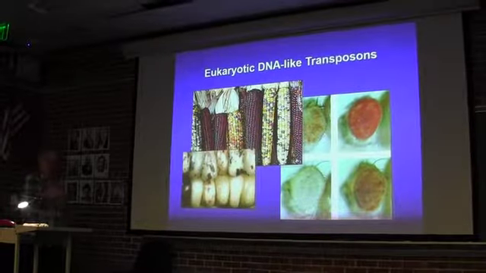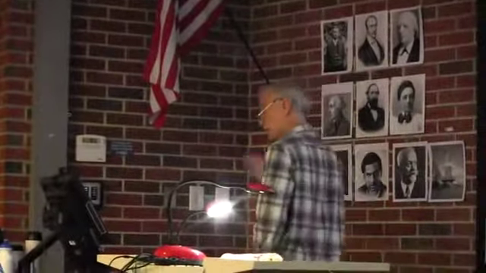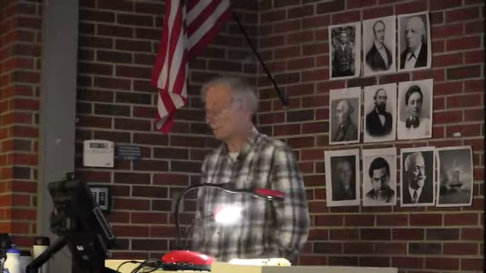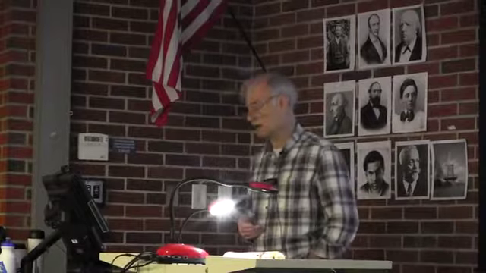They encode resolvase and transposase and all that stuff. It's the same principle. They arose at the same time. We inherited them. We also have a class that's not much found in bacteria, which are the retroviruses, which we'll talk about a little bit later here.